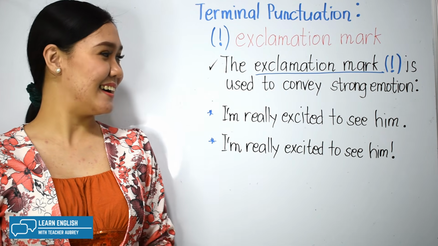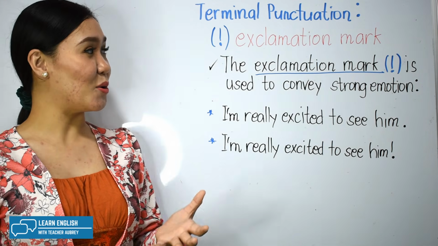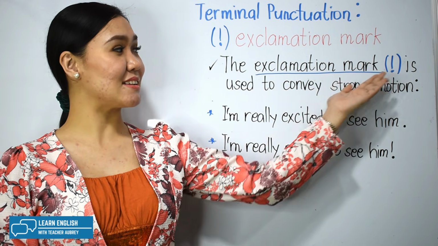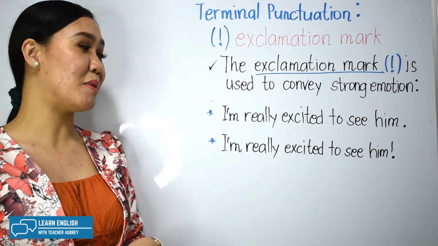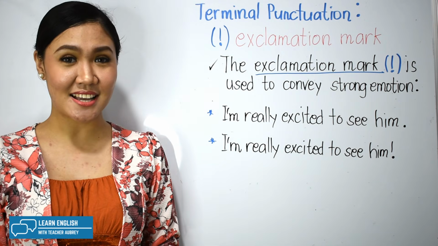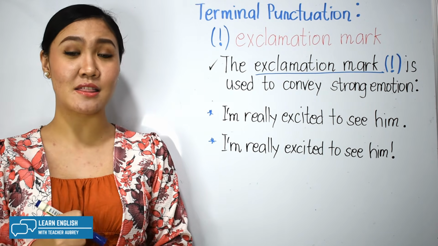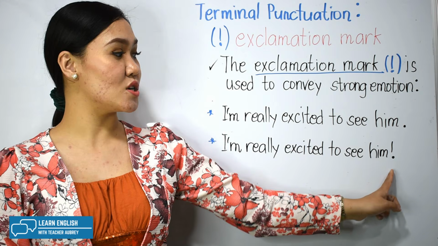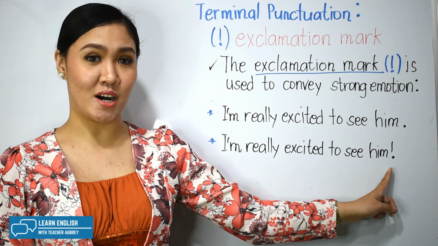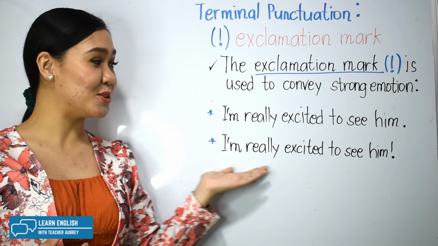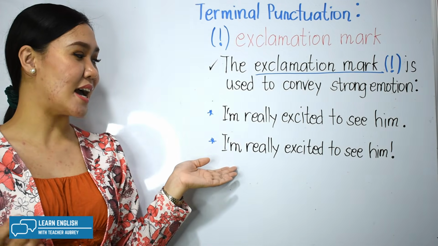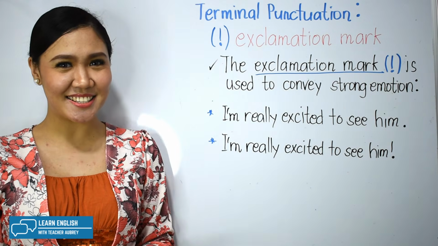Pero may mali. Anong mali? Excited ako, pero hindi ko ginamitan ng exclamation mark. Ang dapat gamitin dyan para talagang mapatunayan mong excited ka whenever you are going to write that statement is to use the punctuation mark, exclamation mark. So, paano? Babasahin itong pangalawa. We are going to read this as, I'm really excited to see him!